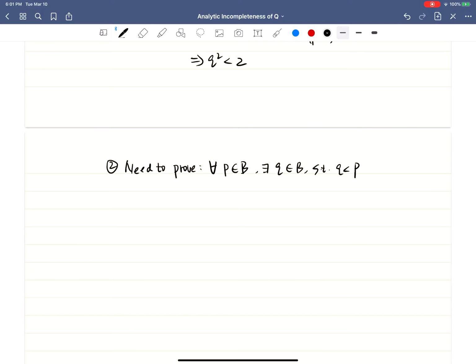For the first part, we found that Q is (2p plus 2) over (p plus 2), and this actually works for the second part.